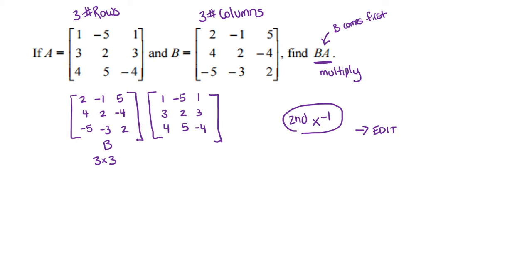After you have B, hit second x -1 again, so we go back to matrix, hit edit again, and this time hit edit on A, and tell the calculator you have a 3 by 3 matrix. So you're hitting enter each time, and then you type in this, hitting enter each time you type in a number.